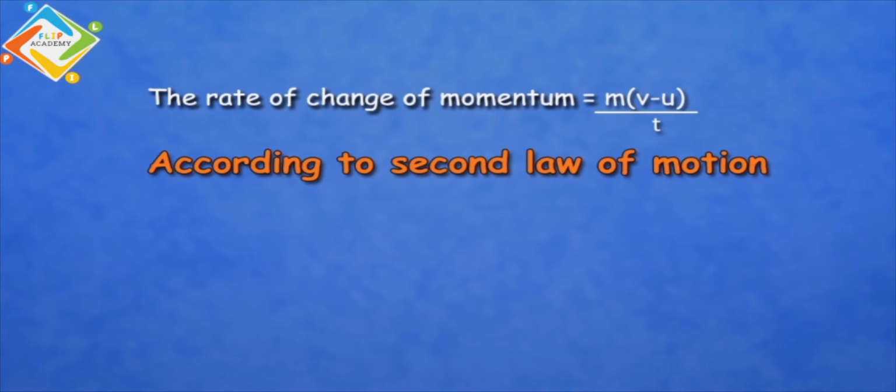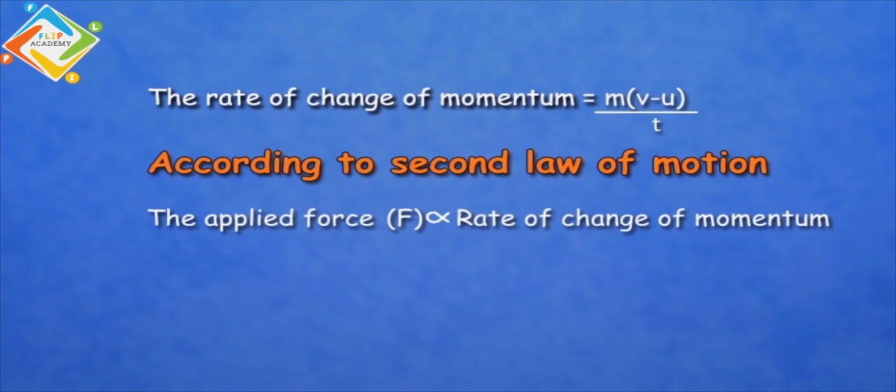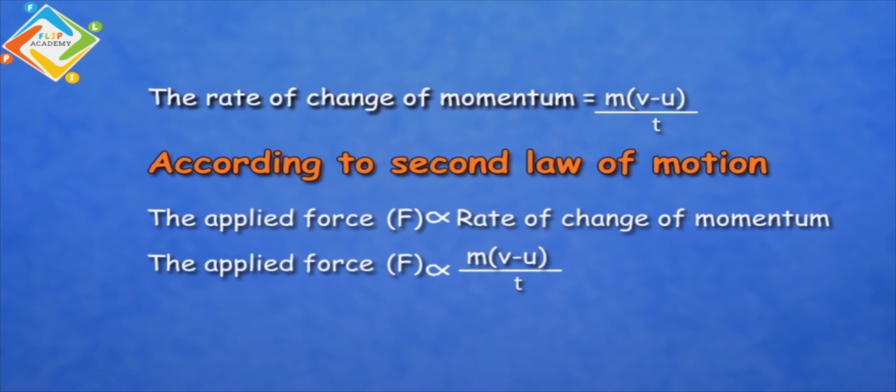Now, according to the second law of motion, the applied force is directly proportional to the rate of change of momentum. So, from the above equation, we can see that rate of change of momentum is directly proportional to F, that is force.